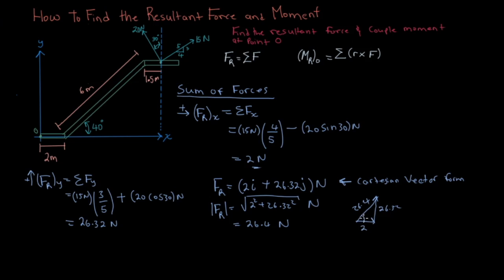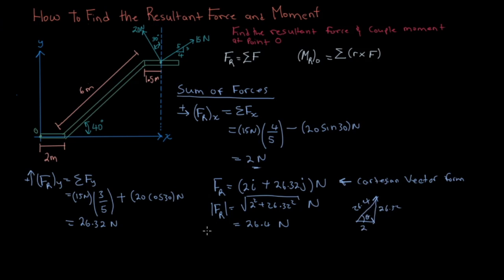If we're using this as theta, then when we take the tan, as you know from trigonometry, it's the opposite, which is 26.32, over the adjacent, which is 2. We're just going to indicate that it's this angle here.